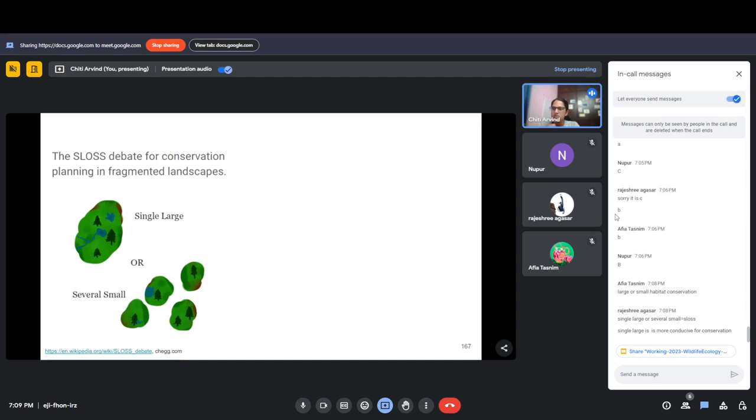Single large is more conducive for conservation, right? So we're talking about habitat. Yeah, so when we talk about large and small, we're talking about habitat fragment size, right? So when people are thinking of conservation planning and what type of habitats to conserve, should they conserve one large mass of habitat or multiple small fragments of habitat?